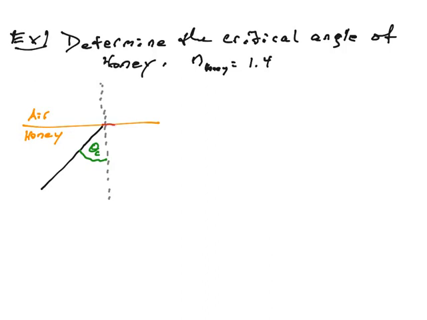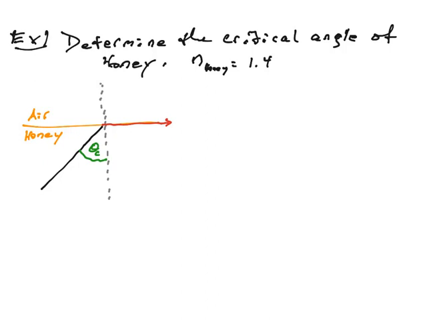The light skims the surface. Anything bigger than the critical angle would reflect back down into the honey. Anything less than a critical angle would come up into the air. But at the critical angle, it just skims the surface.